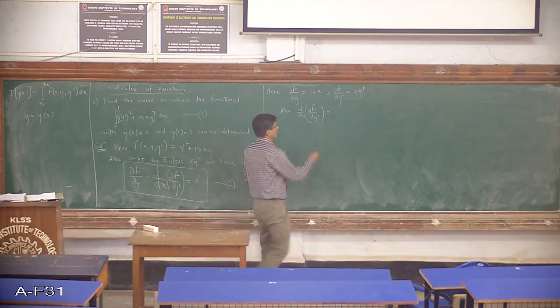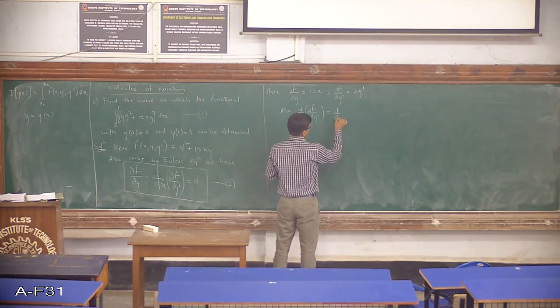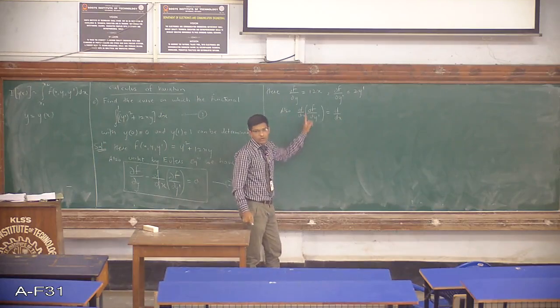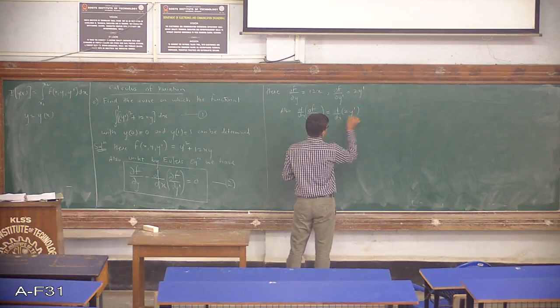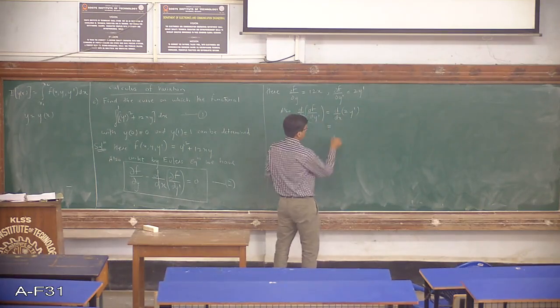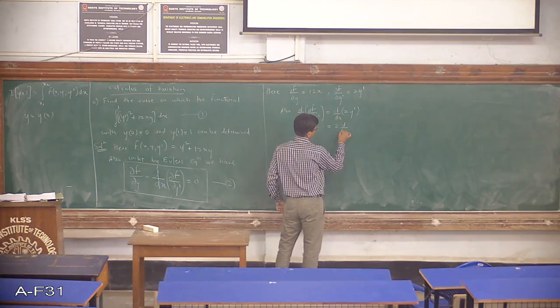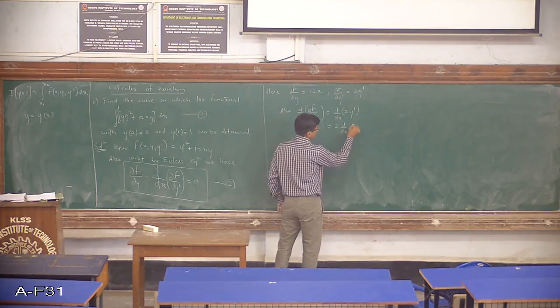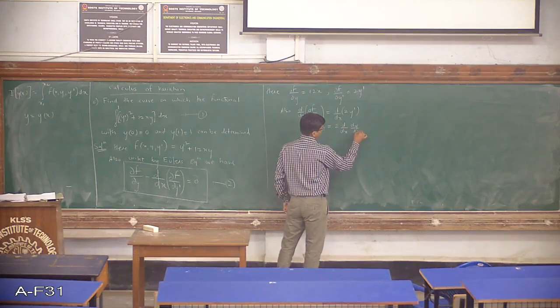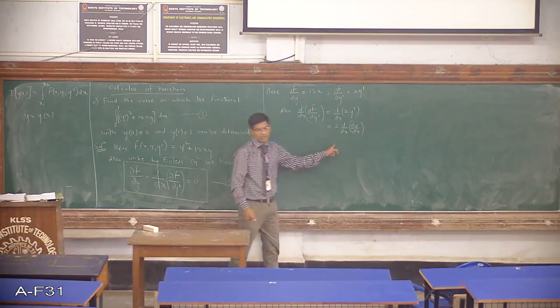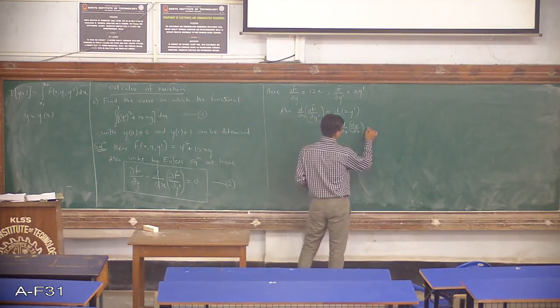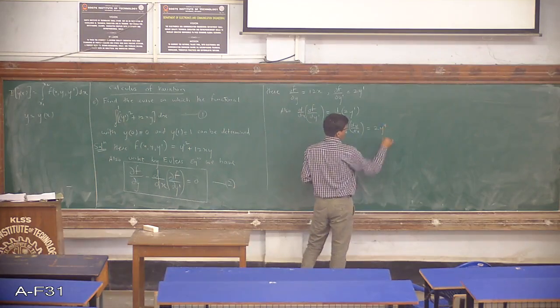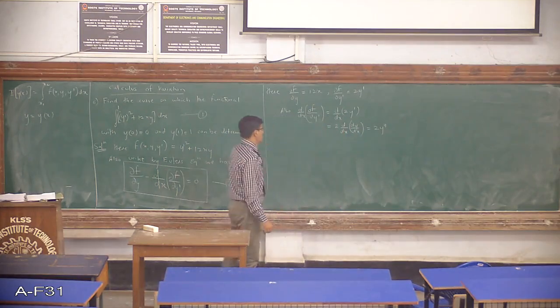This is d by dx of, what is the value of dou f by dou y prime? It is 2y prime, which is equal to, in fact I can write it as 2 d by dx of y dash, which is nothing but dy by dx. This is for your simplification purpose I am writing. At any instant you can write it directly, need not calculate it, okay, which is equal to 2y double prime.